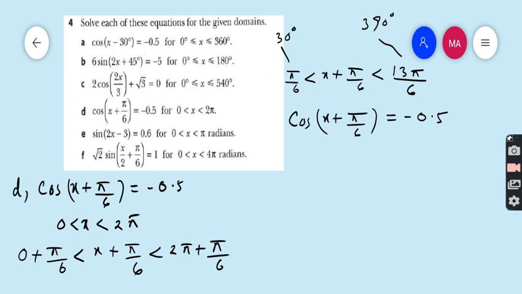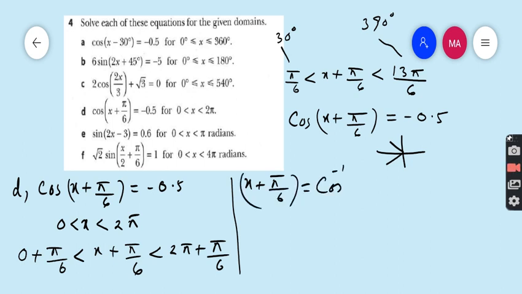Now look carefully. The value of cos given in the question is minus 0.5, that is negative. So our value must be greater than pi by 2 and greater than pi. How can we achieve this? Very easy. This time we have to give the answers in pi, that is in radians. X plus pi by 6 is equal to cos inverse of minus 0.5.